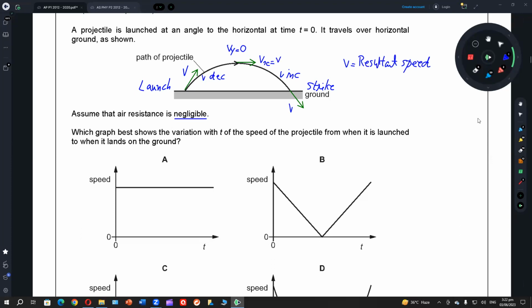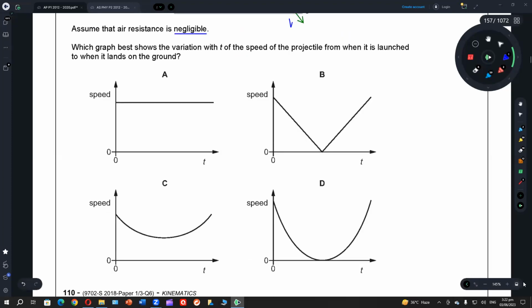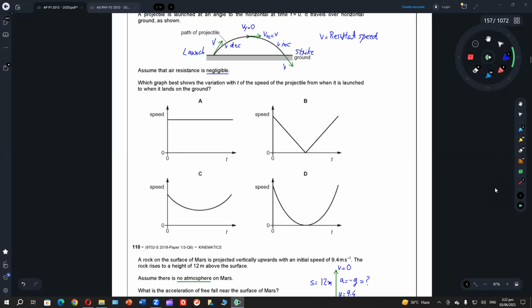So now I have made the diagram. You can select now which graph actually suits us here. Remember that resultant velocity never becomes zero. Resultant velocity never becomes zero during a projectile motion.